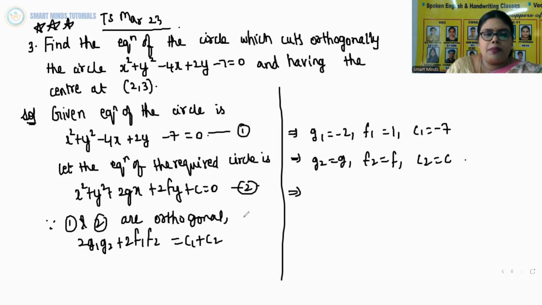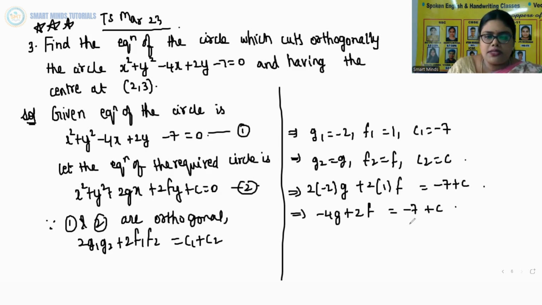So after applying the condition, 2 into minus 2 into g plus 2 into 1 into f is equal to minus 7 plus c. So you get minus 4g plus 2f is equal to minus 7 plus c.